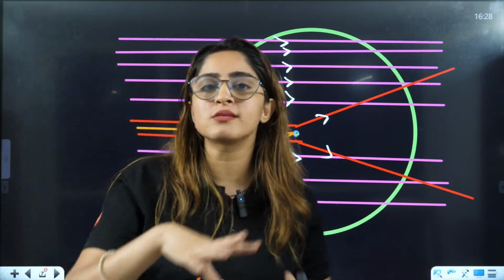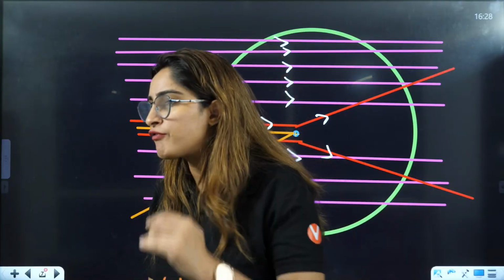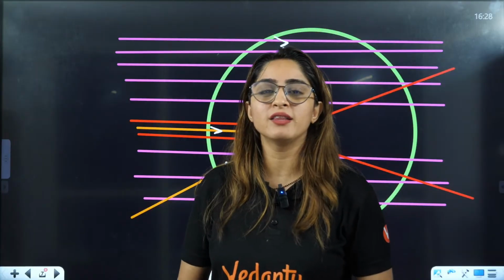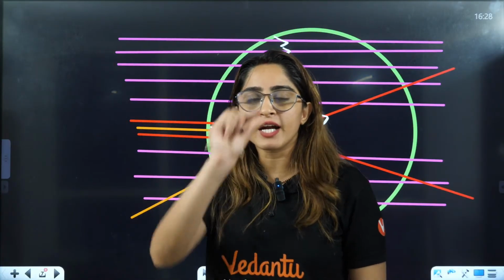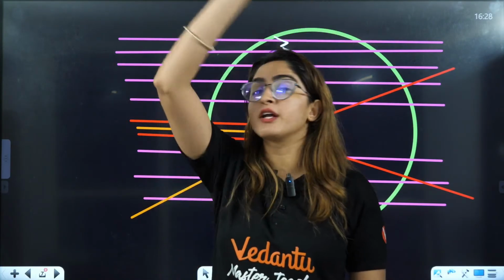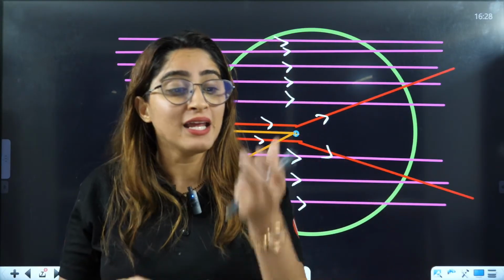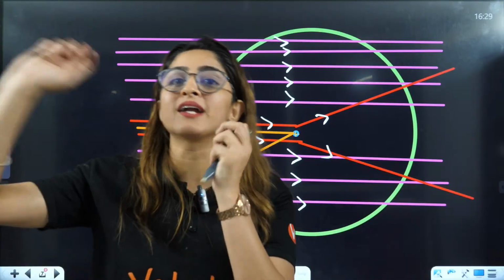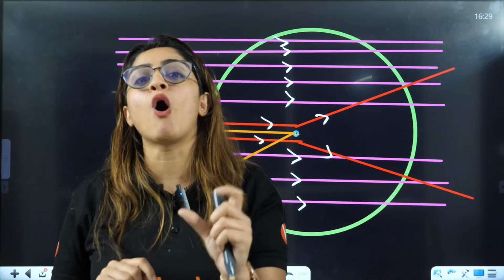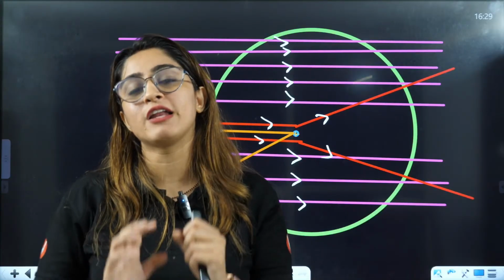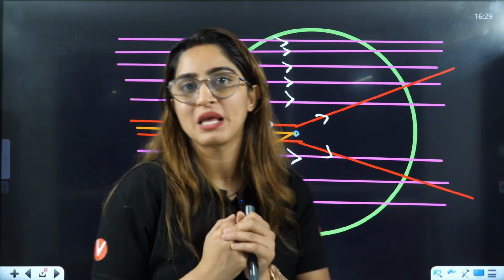And this nucleus is so small, it's like a cricket ball in a cricket stadium. Cricket ball is very small, cricket stadium is very large. That much small and dense is the nucleus compared to the atom, right?